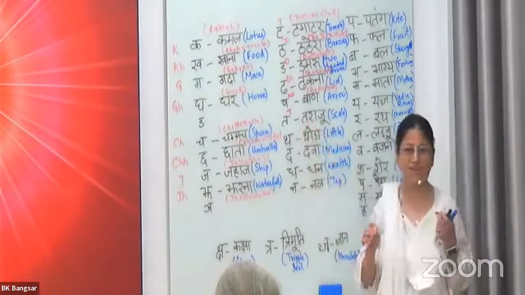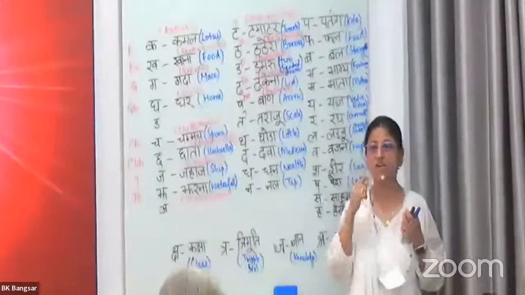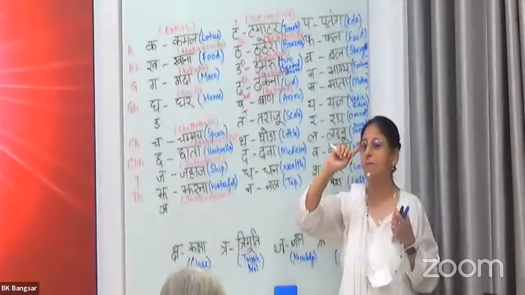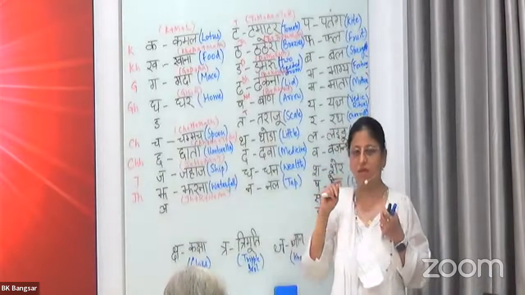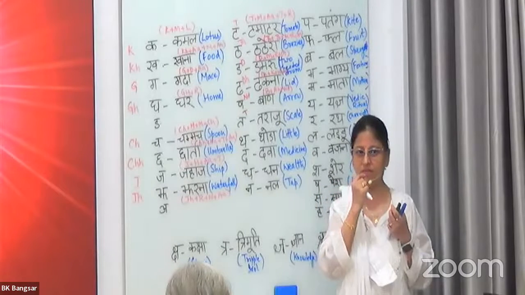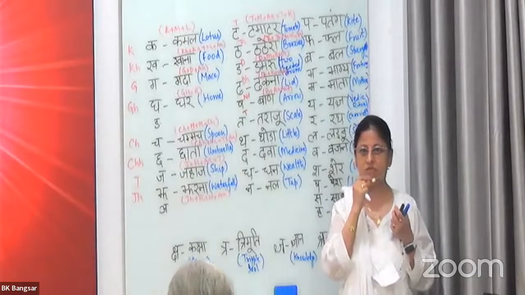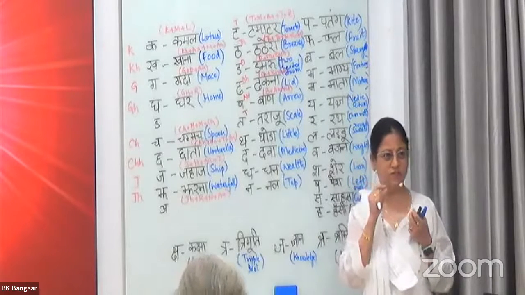Here it is not ta, it is ta. One is where your tongue goes up and touches the top of the mouth, whereas the other is where the tongue is in between. So that's the difference.